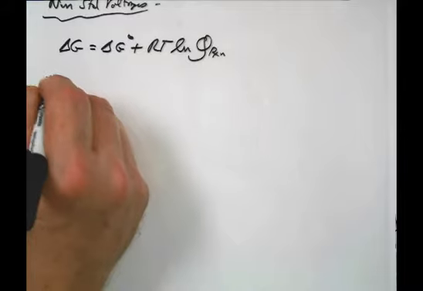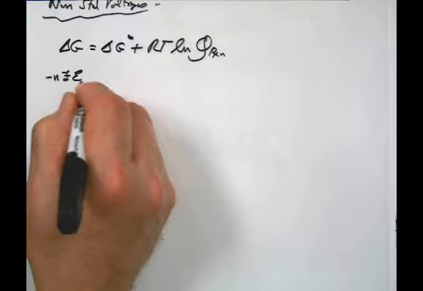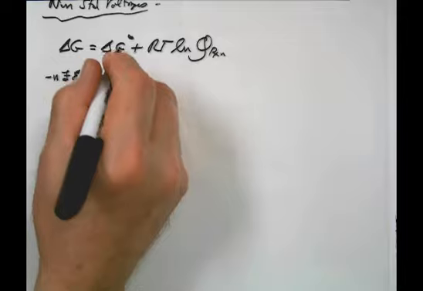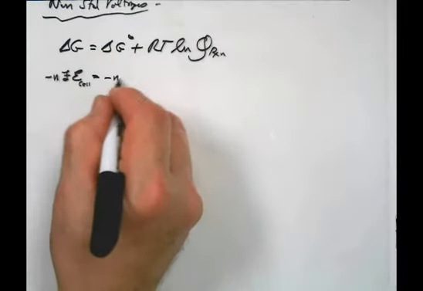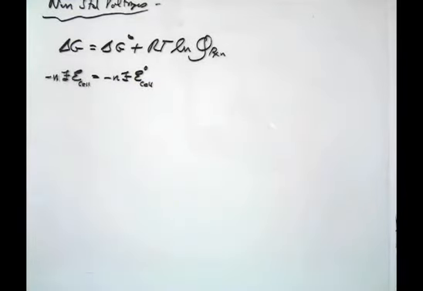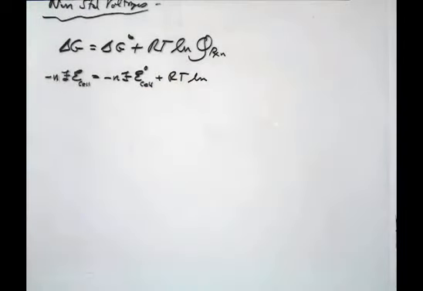So it'll be a minus NFE cell. Notice it does not have this little circle on it. Non-standard. Then this side has a standard, minus NFE naught cell. Yes, that's a reduction minus oxidation right off the table for that number. Please pay attention to me, guys. Okay, plus RT ln of the reaction ratio.